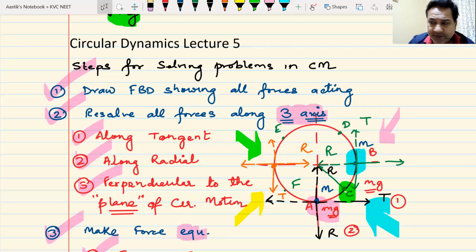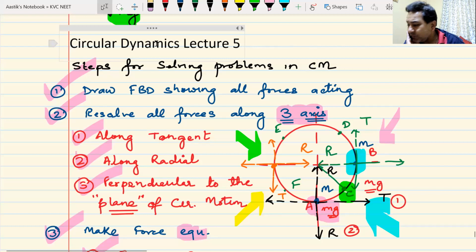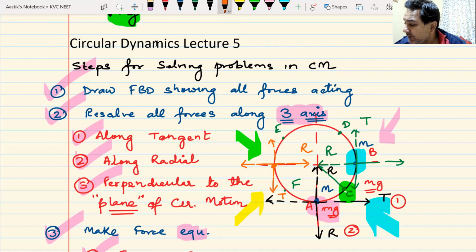Anyways, we were dealing with steps that are required to solve problems in circular motion. If I go back to that class, what were the steps that were involved? The first step was obviously to draw the free body diagram, which has all the forces acting on all the bodies.